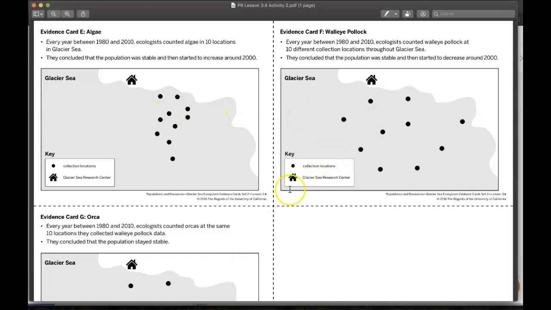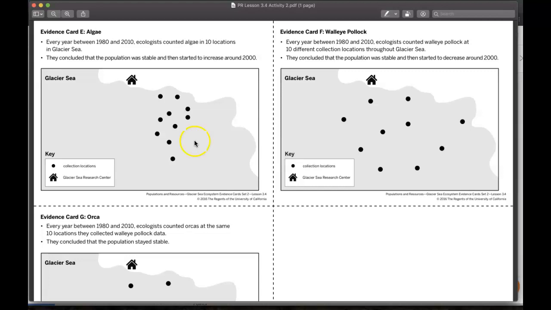So these are the best pieces of evidence, and then this one is a little bit weaker. It still collected 10 data. It still had 10 collection sites, but it was not spread out as much as these other ones. So does that mean we have to consider whether we should be throwing any of these pieces of evidence out?